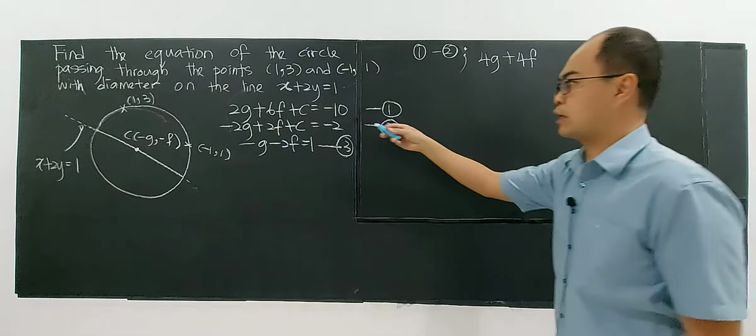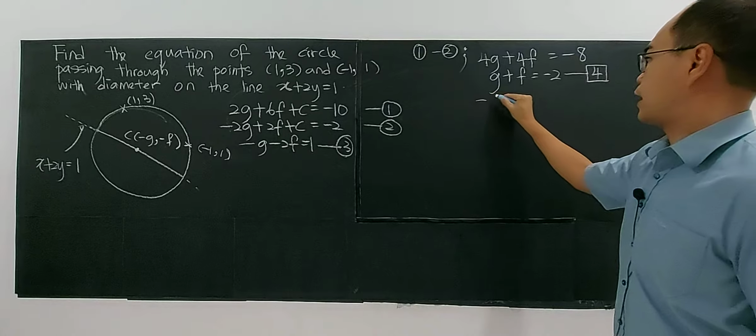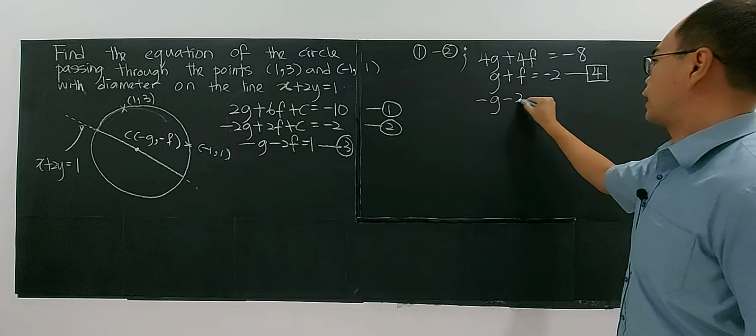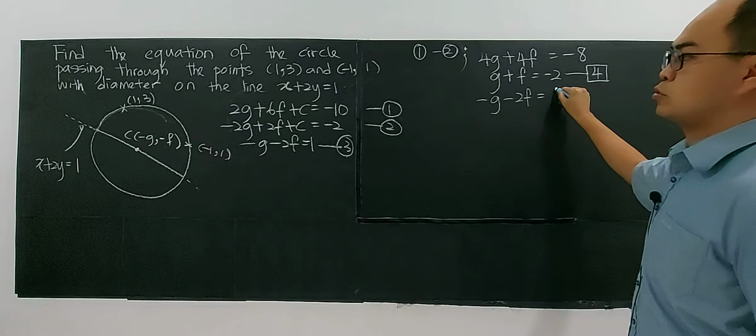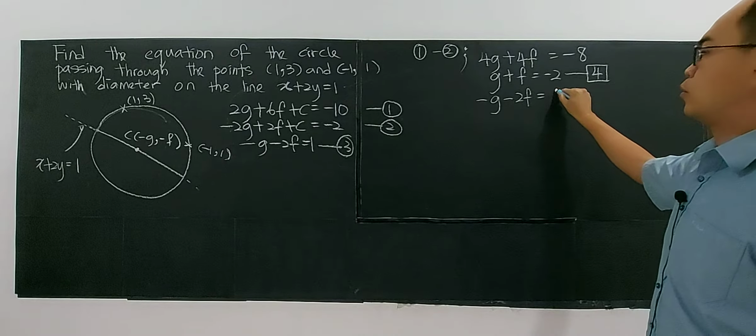Divide everything by 4, and we have G plus F equals negative 2. Let's label this equation number 4. Together with this, we have negative G, negative 2F equals 1 as equation number 3.